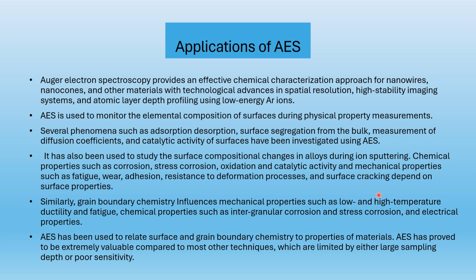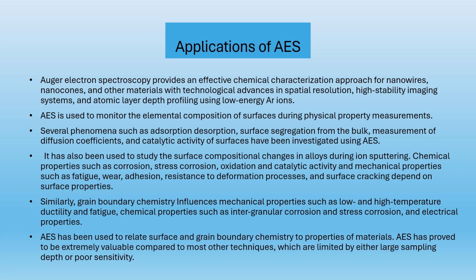And this method is very much useful for surface properties. Similarly, the grain boundary chemistry influences the mechanical properties, such as low and high temperature ductility, fatigue. Hence, chemical properties and intergranular corrosion, stress corrosion, and electrical properties can be easily understood using this technique.